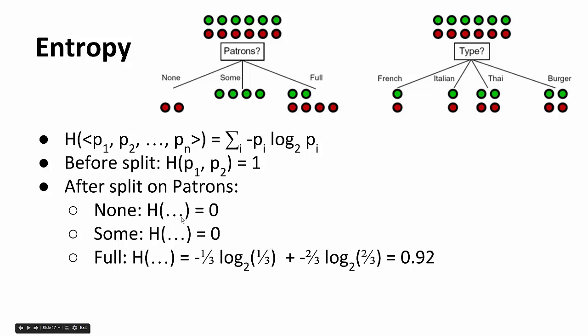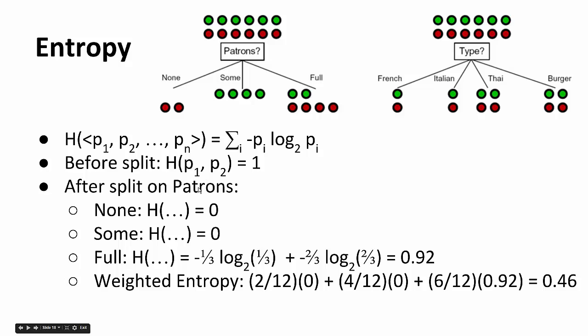And now the interesting one is calculating the entropy for this full classification here. And so for this one, 1/3 of the points are green, 2/3 of the points are red. So if we just plug in our values, we get an expression that looks like this. All right, and the entropy ends up being 0.92. Now we're going to take a weighted average of all the entropies.